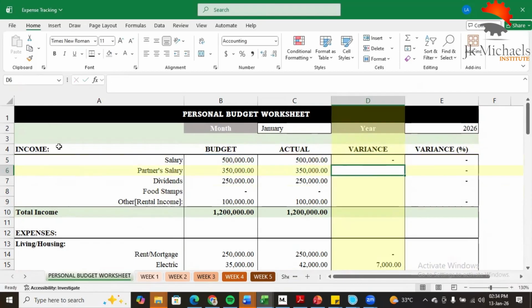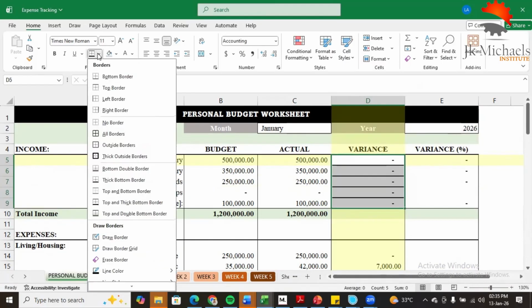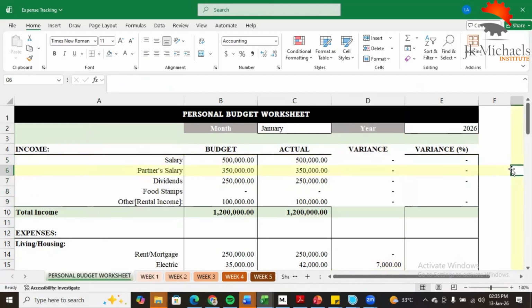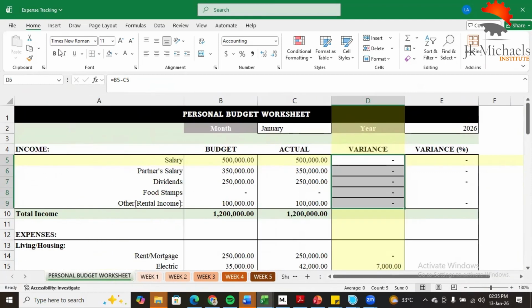It means that in terms of income, we achieved all our goals. We achieved all our income goals, right? And that is why you can see that budget minus actual is 0. We achieved our goals in terms of income. Let me copy this formatting.